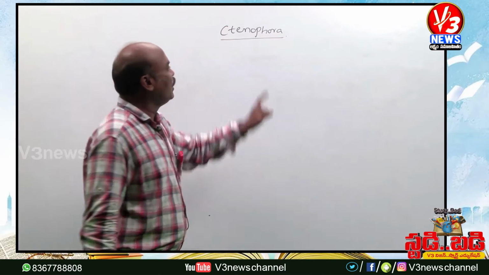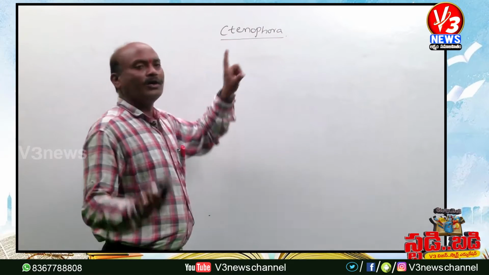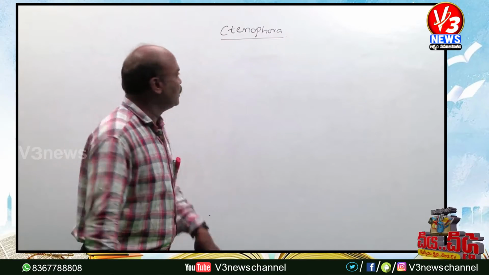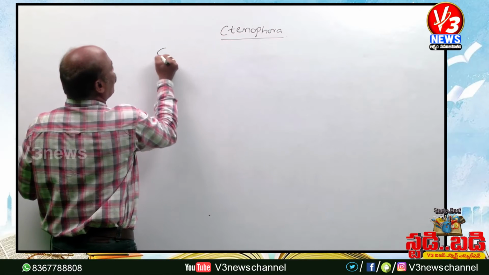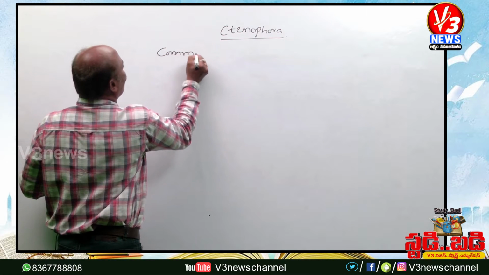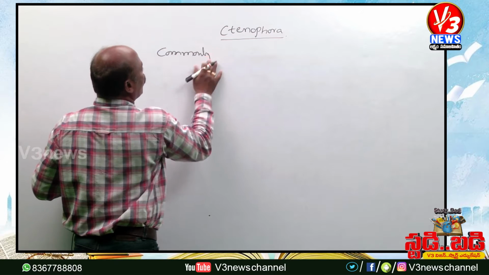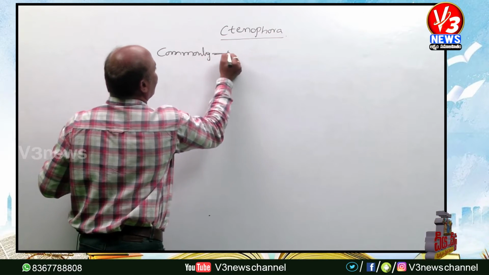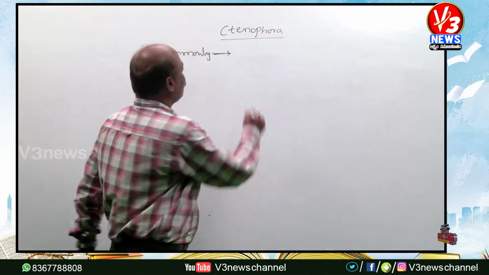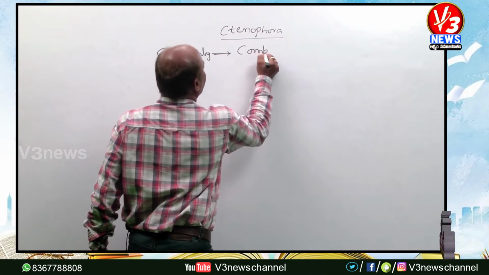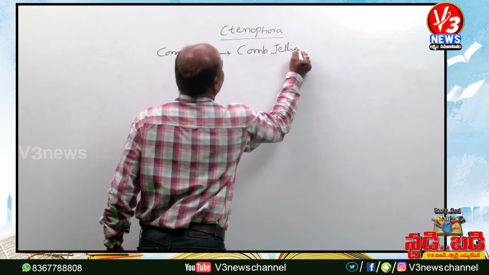Stinging cells is their other name. Here, that type of cells is absent. But why is the name Ctenophora given to that group? First of all, the ctenophores are commonly called comb jellies.